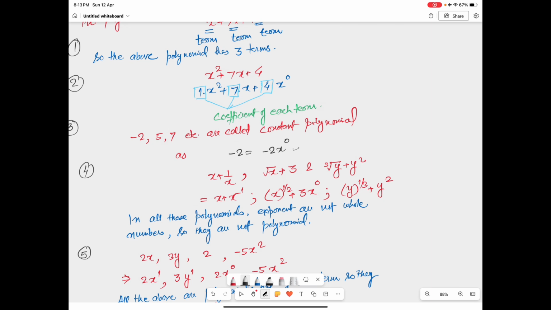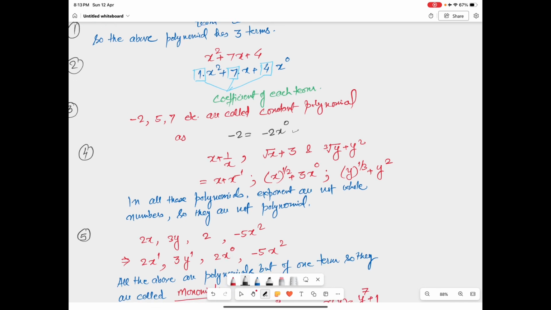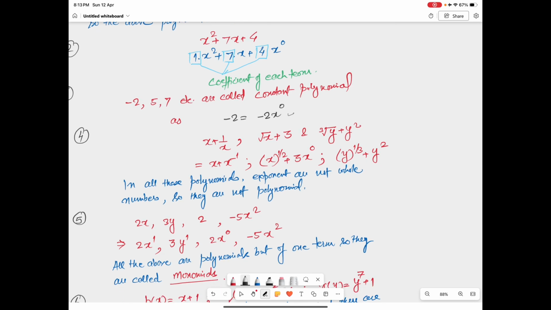Here you see that the exponents, minus 1, 1 by 2 and 1 by 3, are not whole numbers. 0 is a whole number. So we do not call these polynomials; they do not fall into the category of polynomials.